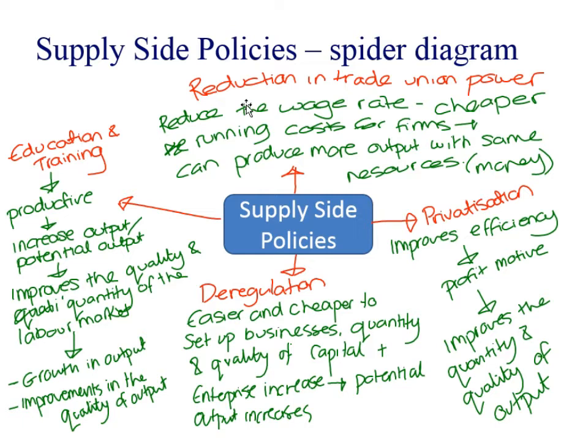Deregulation should make it easier and cheaper to set up businesses, so the quality and quantity of capital should increase, and enterprise should increase, so potential output increases as well. And privatisation should improve efficiency because there's a profit motive, and that improves the quantity and quality of output, capital and enterprise. So you get this outward shift in aggregate supply.